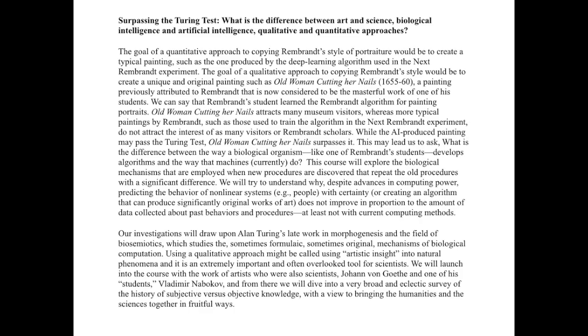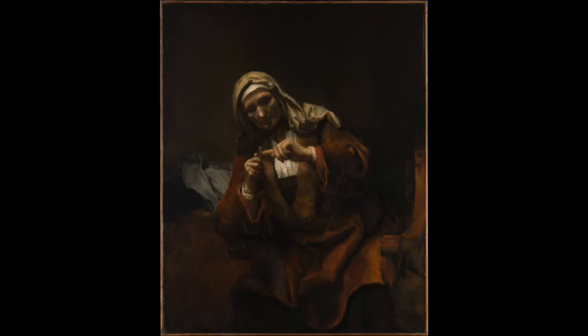The syllabus, which everyone has read by now, or should have read, talks about the Next Rembrandt Project. So what I bring up here is the question of why the people doing the Rembrandt Project chose Rembrandt's most typical paintings, the kind of paintings that he did the most, mainly portraiture for hire, commission jobs.